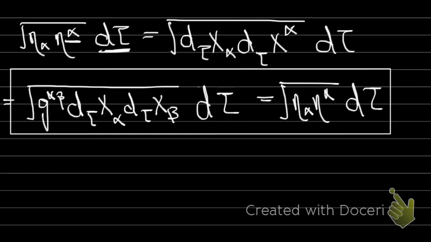Now let's see what this equation tells us, or what it means. It has the dimensions of displacement, and so it is actually an infinitesimal length in four-space.